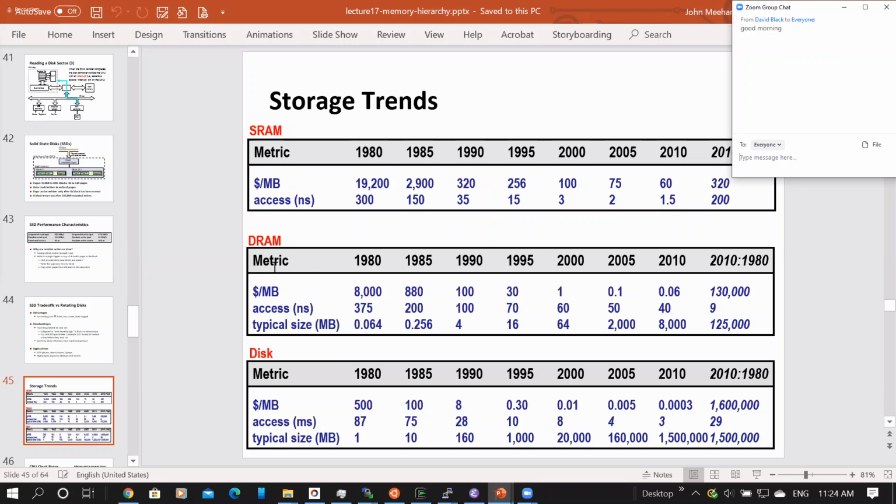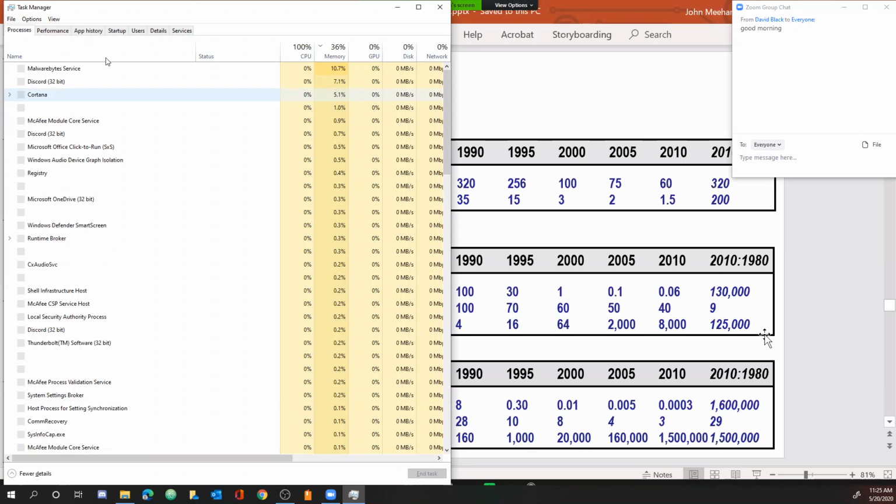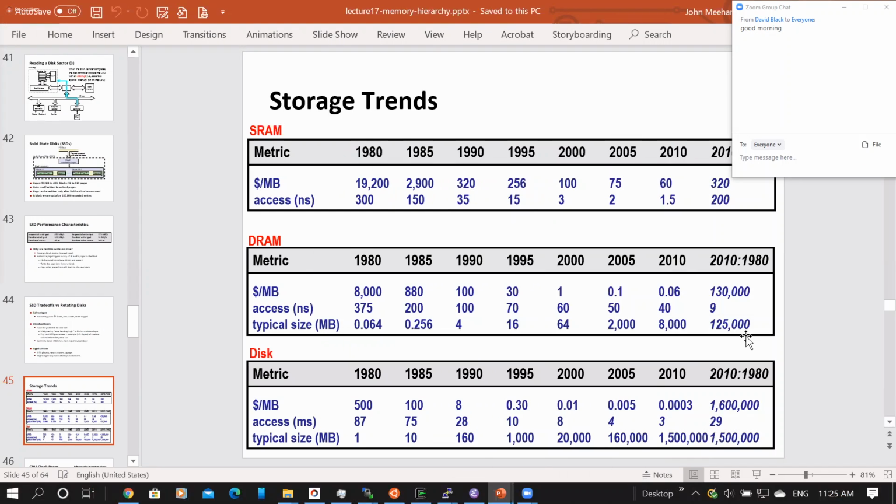The DRAM, not so much. The cost has come way down from what it was, but the access has only improved by 9 times. And the typical size has increased enormously of how much you would have on a particular system. The disks have improved price wise.